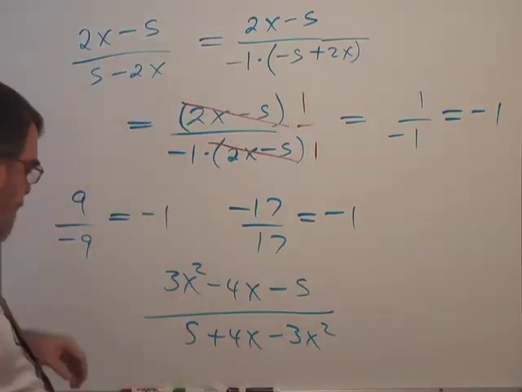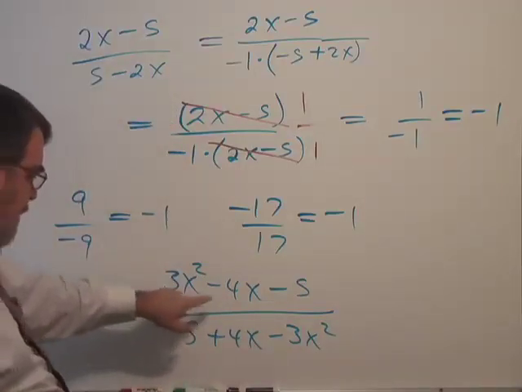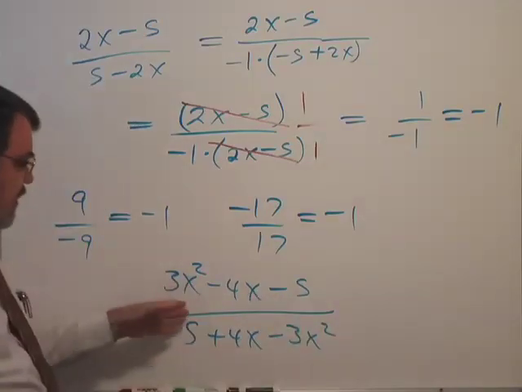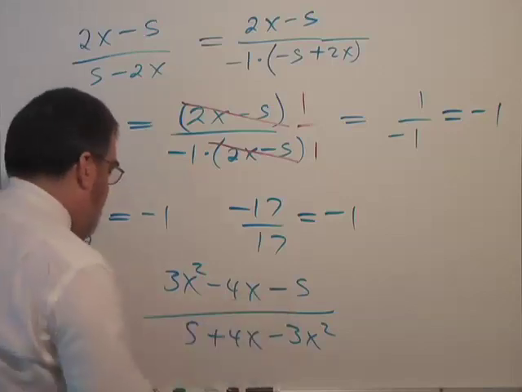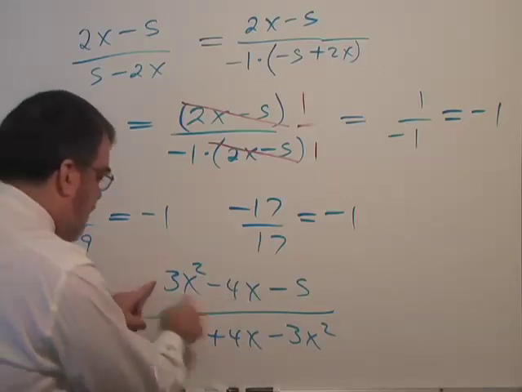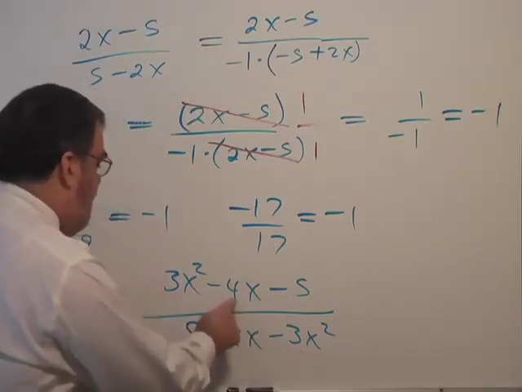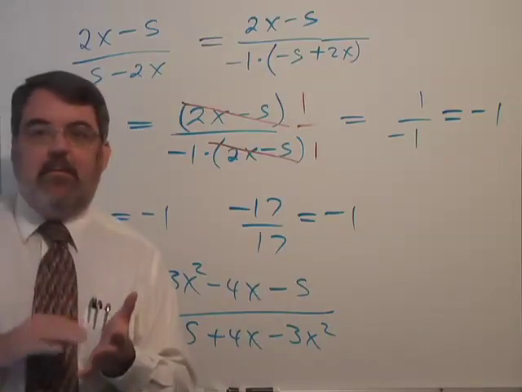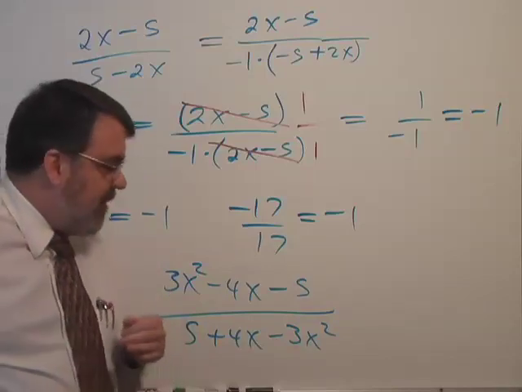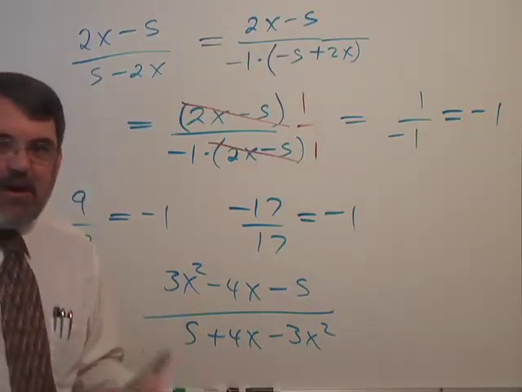Well, look carefully. We have the same terms involved, 3x squared, 4x, and 5. And up here, this 3x squared is positive, down here is negative. That's negative, that's positive, that's negative, that's positive. So every term matches up identically, except every term has opposite signs.